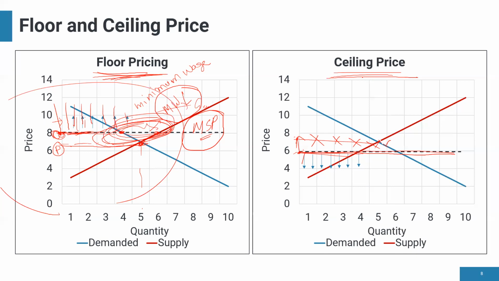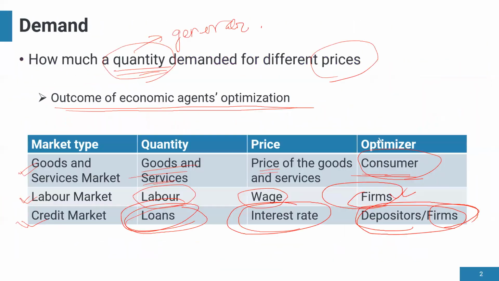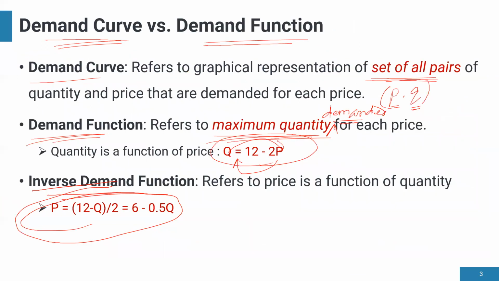So today we learned a very simple topic, that is, what demand and supply are, and how demand comes from different markets and contexts. Then we talked about the demand curve, demand function, and inverse demand function.